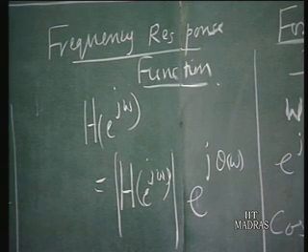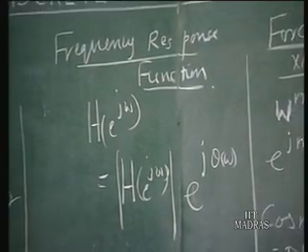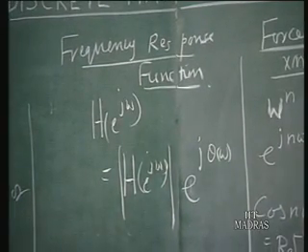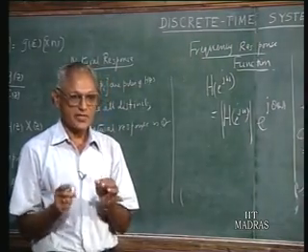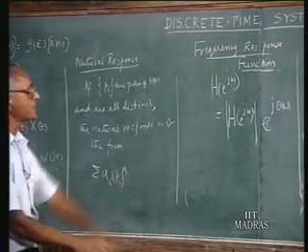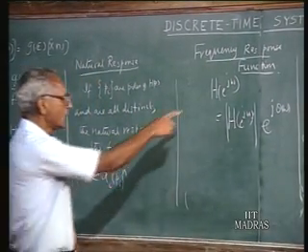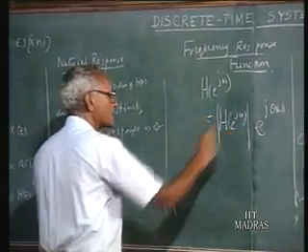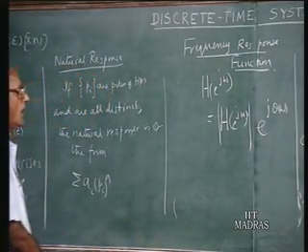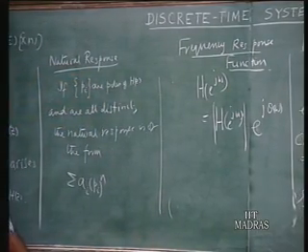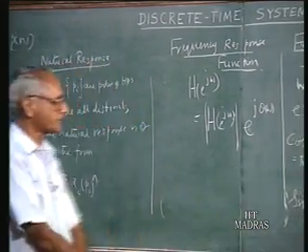In the discrete time case, the frequency response function is obtained from the system function h(z) by substituting e^{jω} for z. In the continuous time case, you substitute jω for s. Here you substitute e^{jω} for z. So this defines the magnitude and the phase, both functions of ω, the particular frequency of the input sinusoid.